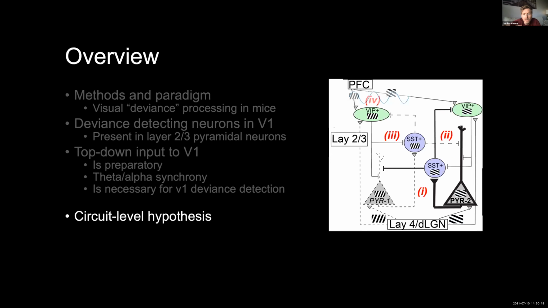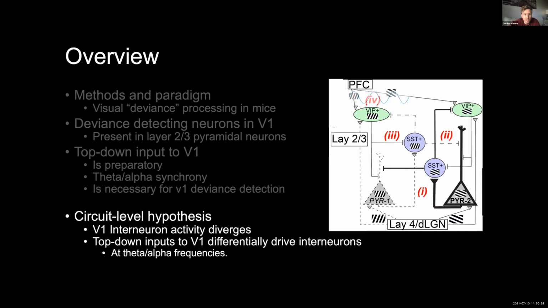And then I'll pivot to my more long-term and big picture goals, which is to test the specific circuit level hypothesis for how augmented neural responses to deviant stimuli are generated in primary visual cortex, involving interactions of this top-down projection and local interneurons in the primary visual cortex.